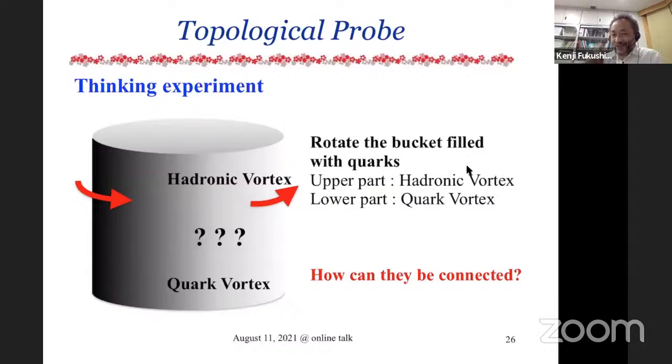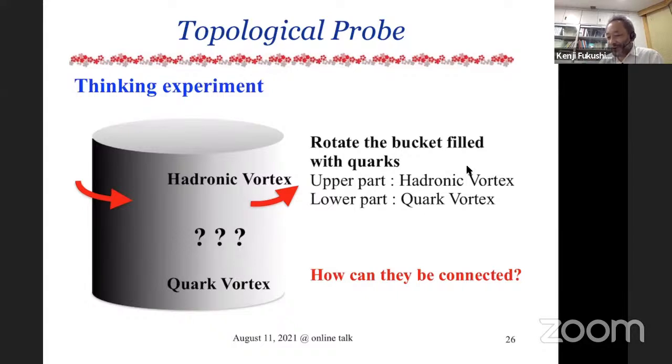The recent development is that there's still a possibility to distinguish quark matter using some topological argument. This is very interesting, but very controversial. There is no clear answer yet, which means that it is very, very exciting in theory.